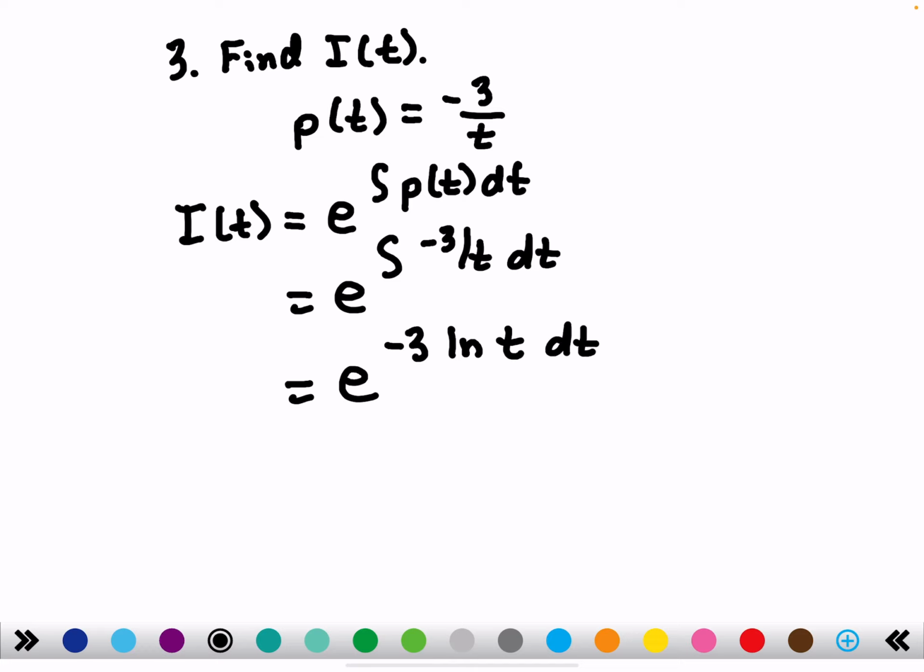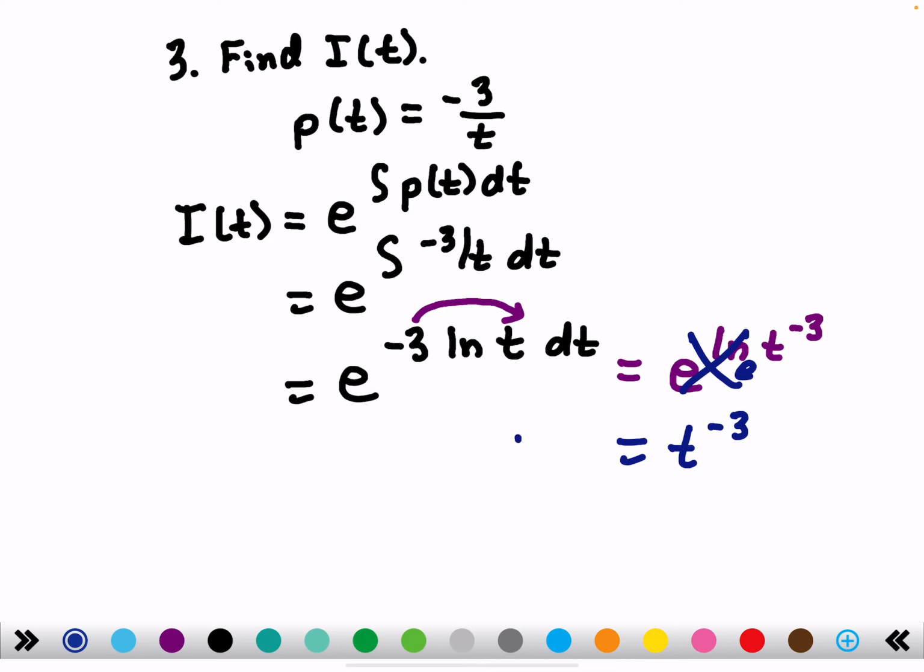Now use the exponential property of exponents. You can rewrite this as e to the power of natural log of t to the negative third power. And since natural log is base e, that drops out, so that is just t to the negative third power. So the integrating factor, I sub t, is just t to the negative third power.